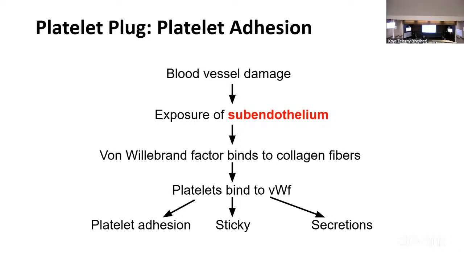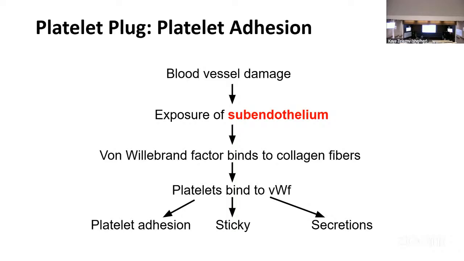And this is what gives a signal to the platelets to also start to stick to that damaged blood vessel wall. So we can think of the platelets as being activated by this von Willebrand factor, and that's going to tell them to adhere to the vessel wall. Platelet adhesion is just them sticking to the blood vessel wall, adhering.